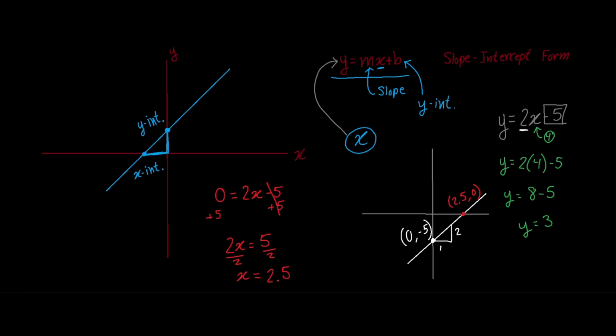So now let's try to create a formula for a line from two different points. So over here, we'll draw another coordinate plane. And we'll have the points, let's say (2, 3) there, and (-1, 5) right there.